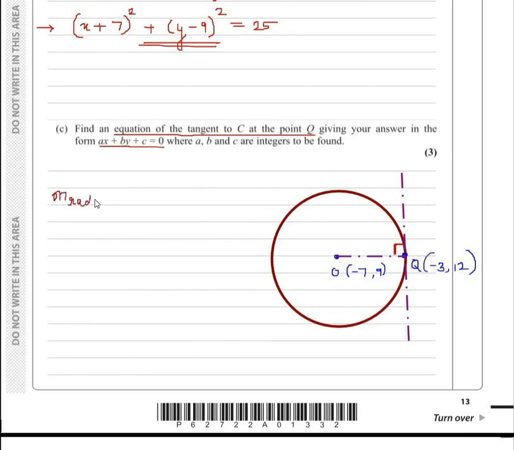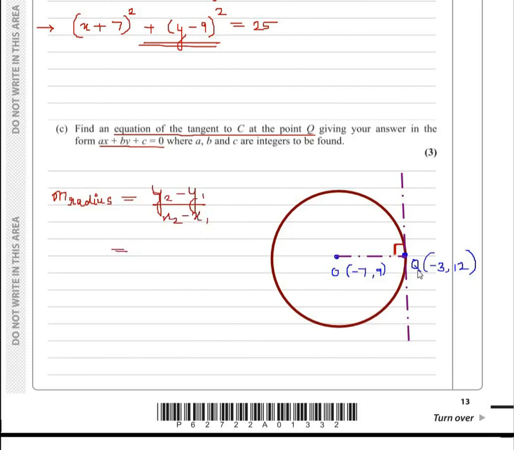The slope or gradient of the radius is given as (y2 − y1) over (x2 − x1). This is the general formula which we use.